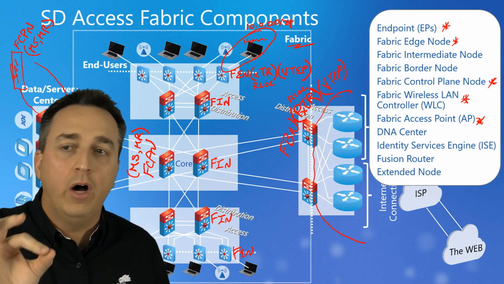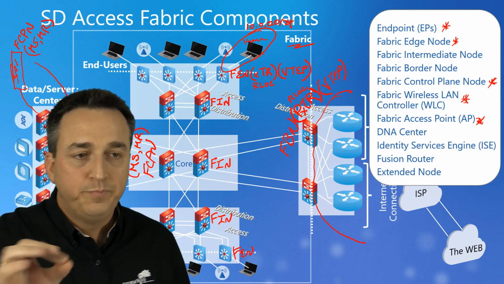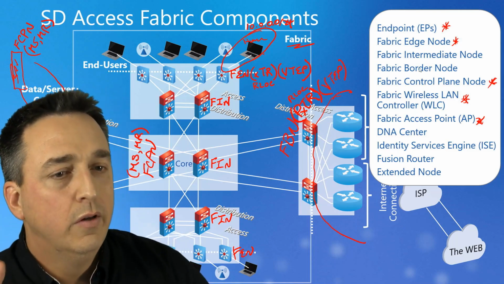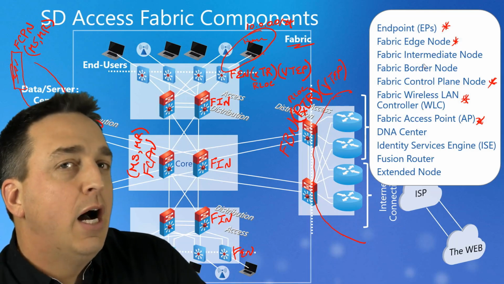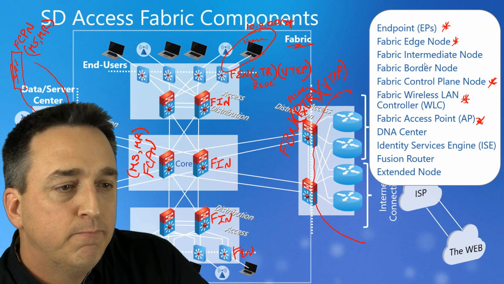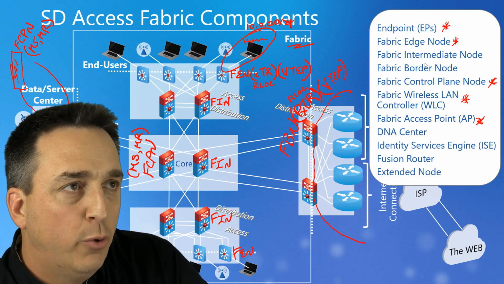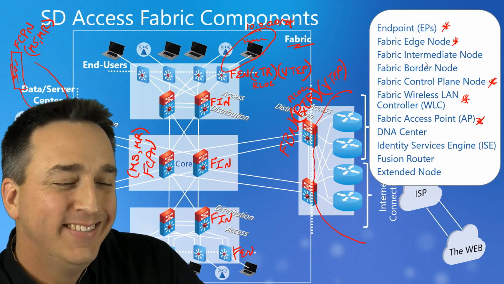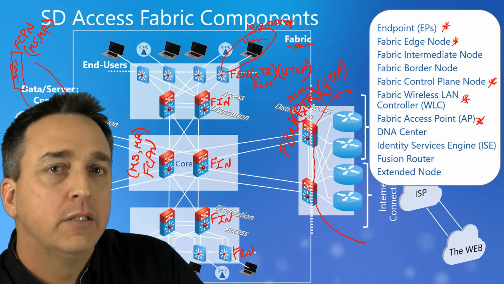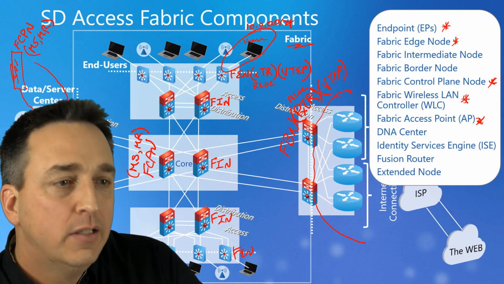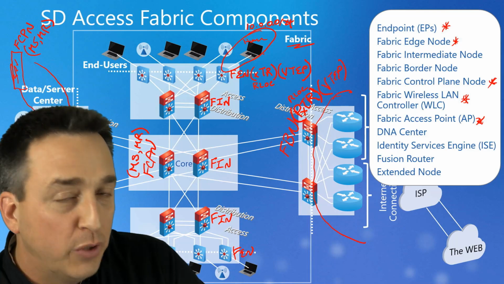And there's one thing I want you to realize. This is from a Cisco document. I'm just going to state it. You don't have to go read the document, but it's on wireless SD-Access. Pretty big.